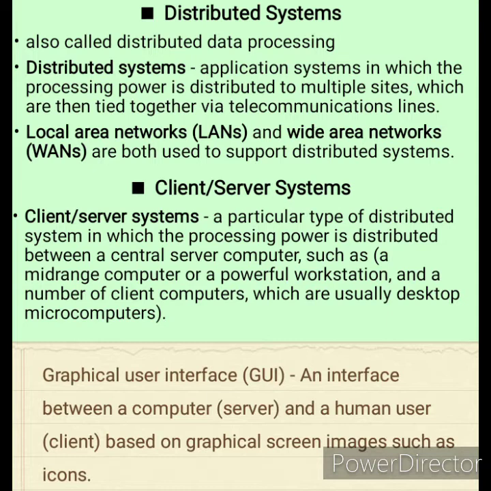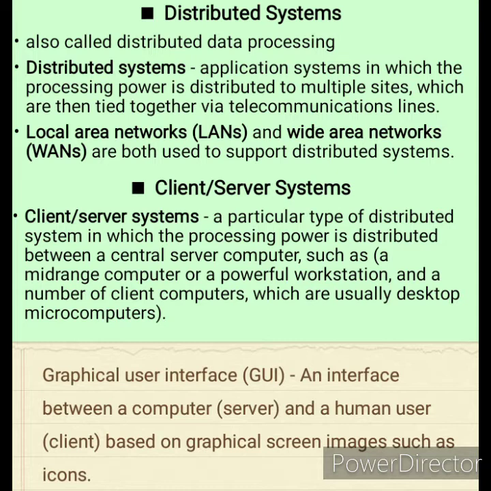Distributed systems are application systems in which the processing power is distributed to multiple sites, which are then tied together via telecommunication lines, like local area networks and wide area networks. They are both used to support distributed systems.